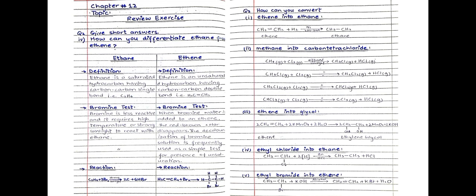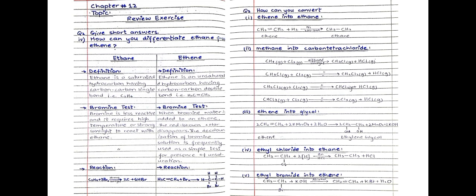Here we have to mention four reactions. Methane is converted into carbon tetrachloride through these four reactions, and these are substitution reactions because here we are removing hydrogen and adding halogen atoms. At the last, carbon tetrachloride has removed all four hydrogens of methane. So we have CCl4.